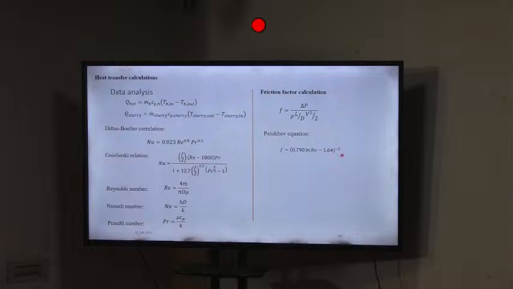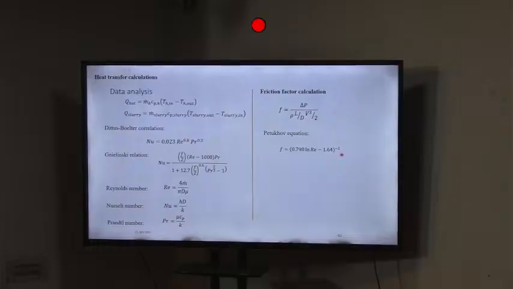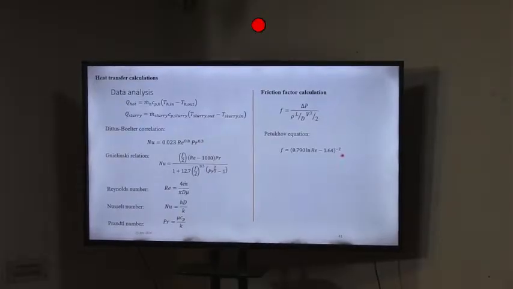These are very standard heat transfer parameters which we generally find for this double pipe slurry-based heat exchanger.